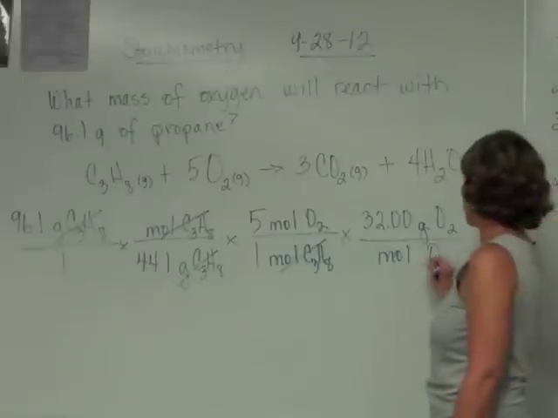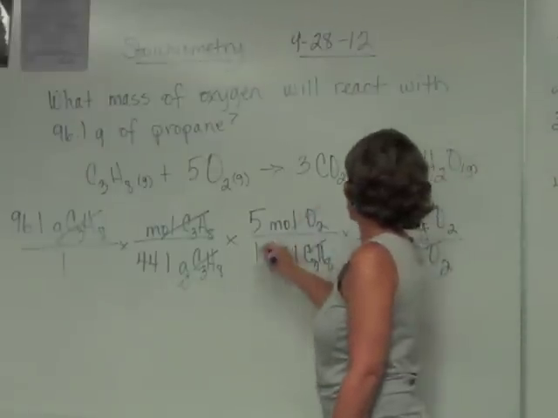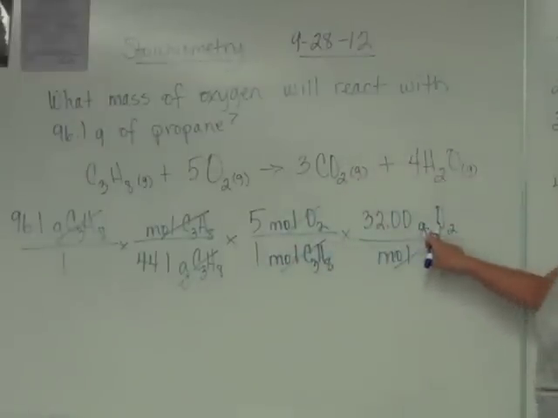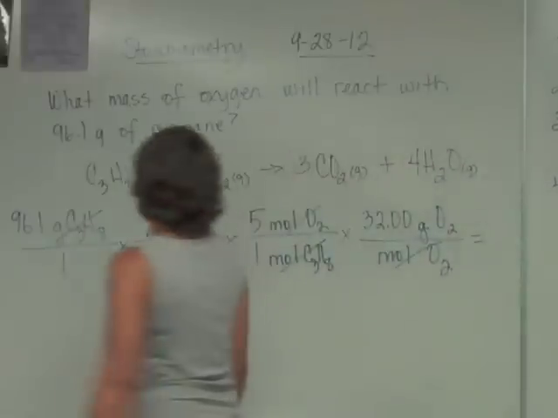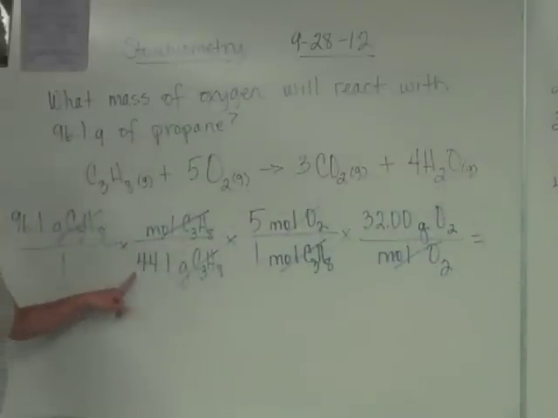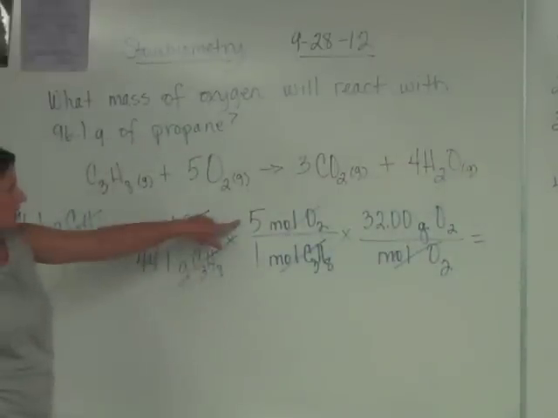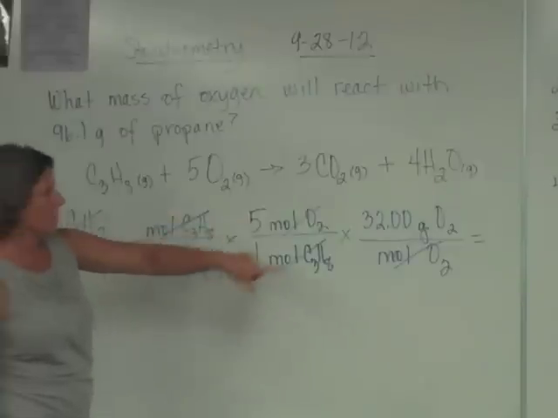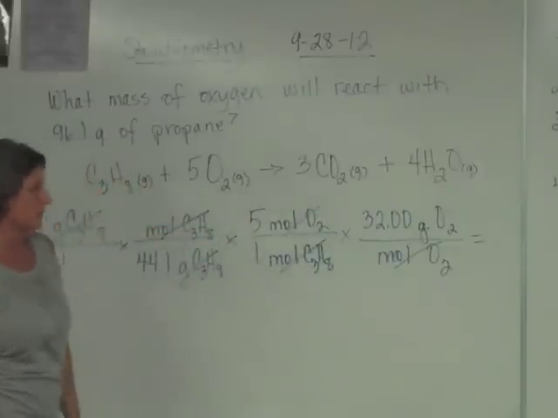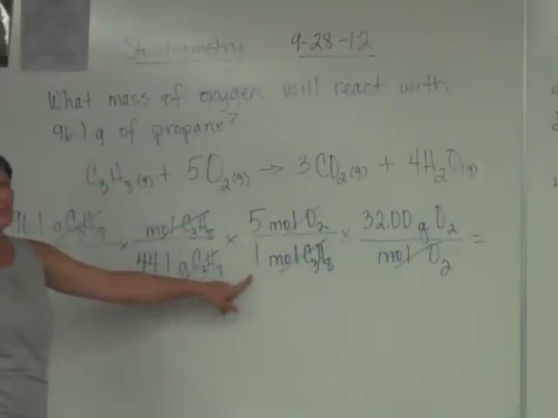My moles of O2 cancel, and I'm left with grams of oxygen in the numerator. Okay, you go ahead right now and do this math and see what you get. 96.1 divided by 44.1 times 5 times 32.00. No need to divide by 1.